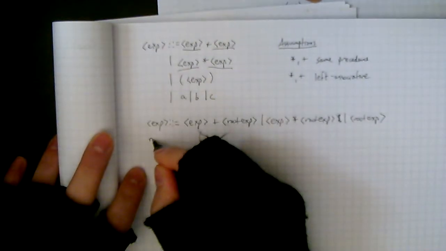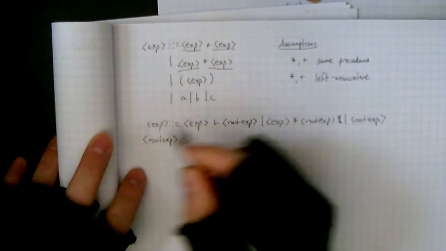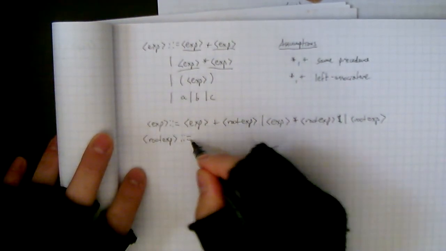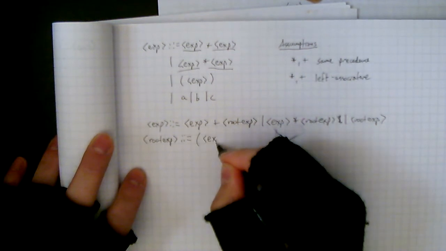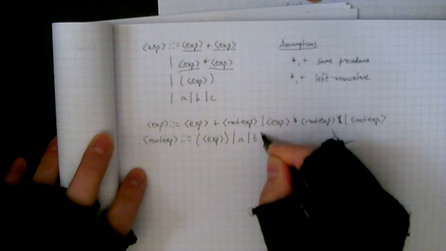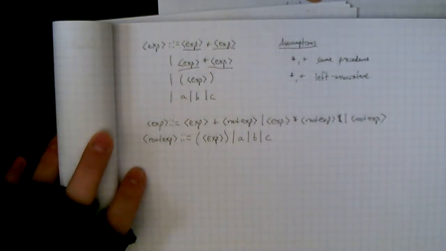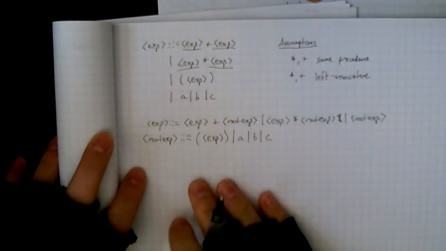And then root will contain the parenthesized form as well as the variables. Alright, so now that we've done that, we should be good to go.